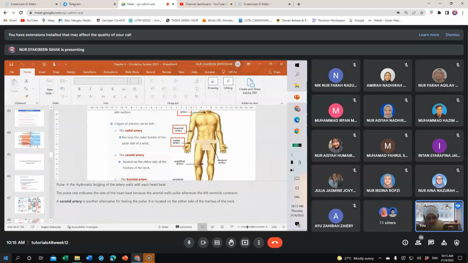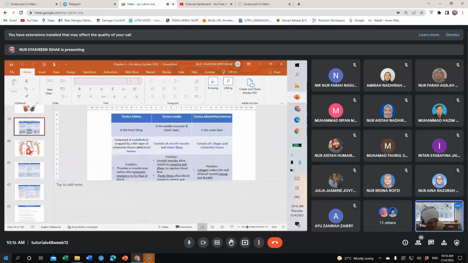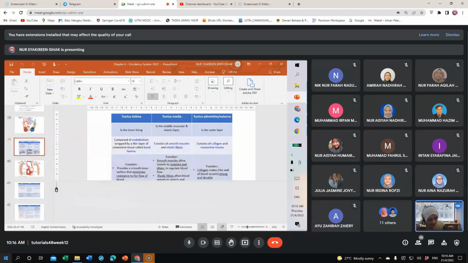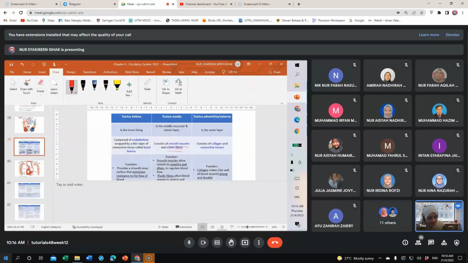Kalau awak tengok nota awak lah. Sebab itulah tadi saya macam cakap dia relate tu tadi kan. Okay. Tunica media dalam note awak, smooth muscle and elastic fiber. Okay, so the smooth muscle allows the vessel to constrict and dilate to regulate blood flow. And the elastic fibers allow blood vessels to stretch and recoil.